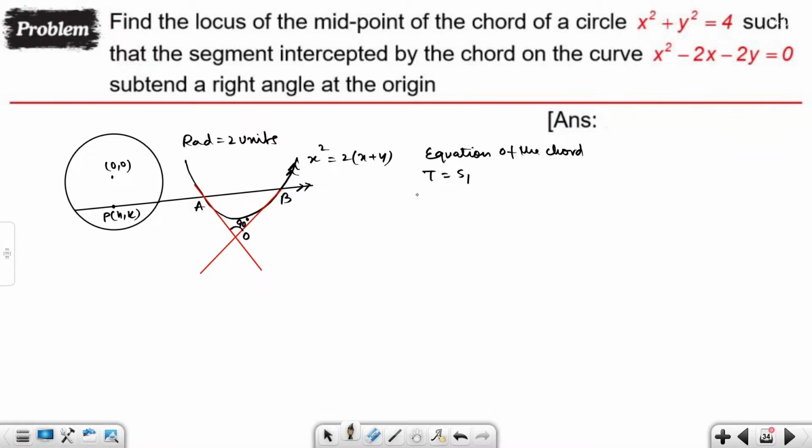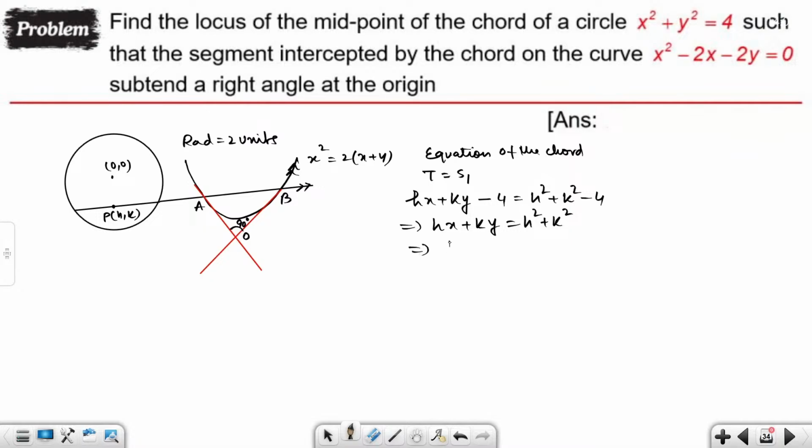Therefore, what is T? hx plus ky minus 4 equals S1. S1 is what? h square plus k square minus 4. So from there we are getting the equation of the chord as hx plus ky equals h square plus k square, right?